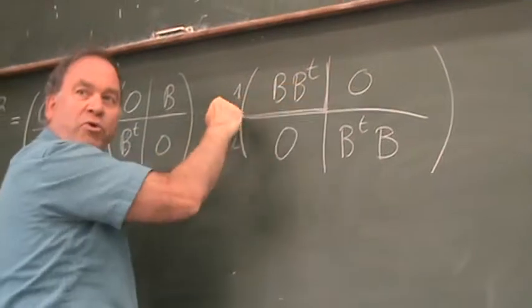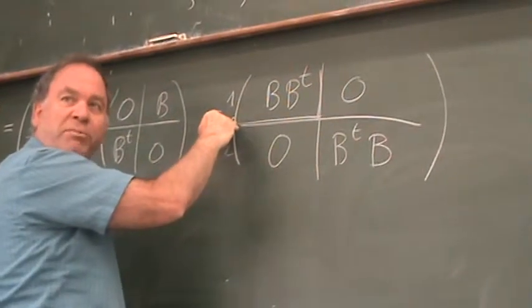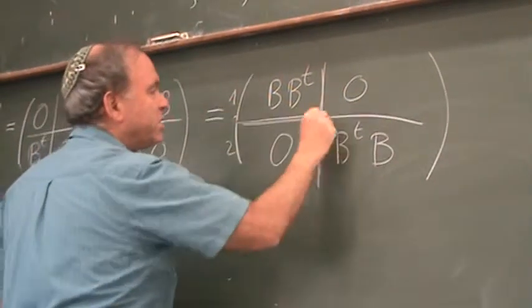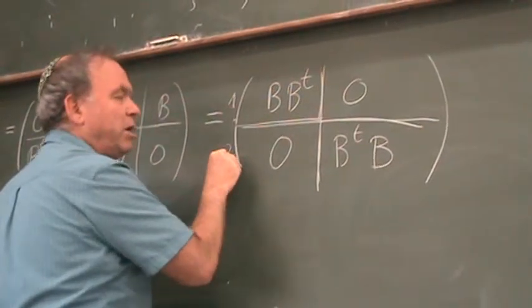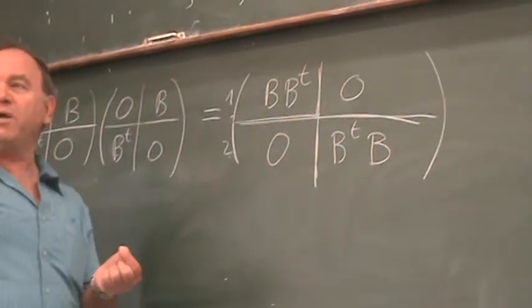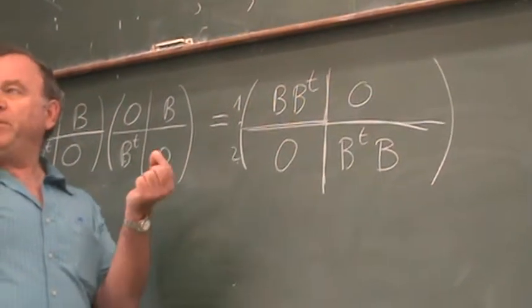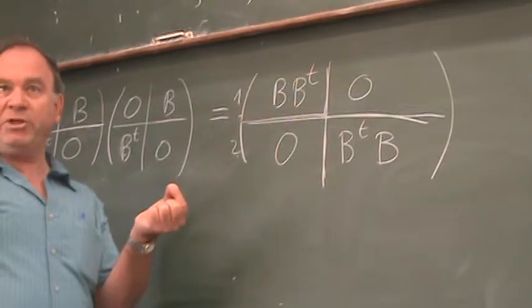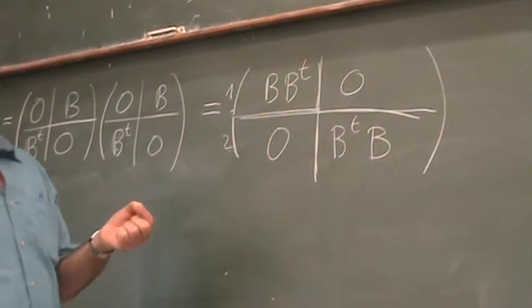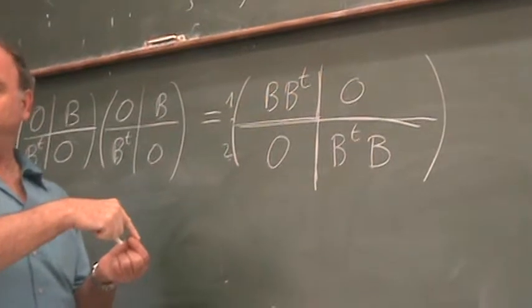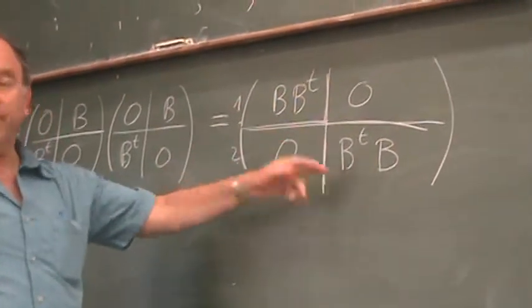That's why we get only entries on this side. That's the combinatorial meaning. And this is where we start at a point in 2, take a path of length 2, going to dimension 1, and coming back to dimension 2.